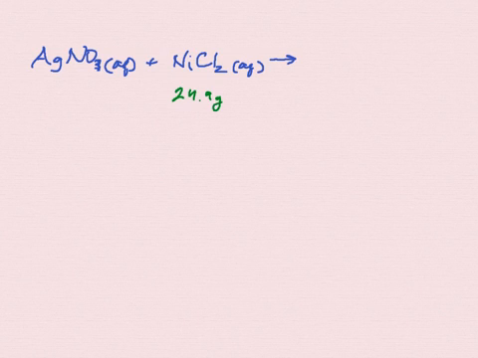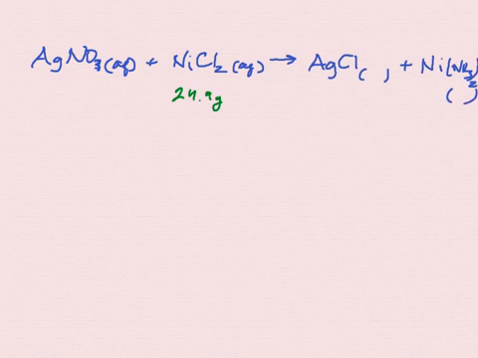Okay, I'm going to finish the reaction. Double replacement, so the silver's going to go together with the chloride and the nickel's going to go to the nitrate. Silver's a 1 plus, chloride's a 1 minus, and the nickel nitrate, we know that nickel's a 2 plus, so it's going to be Ni bracket NO3 taken twice.